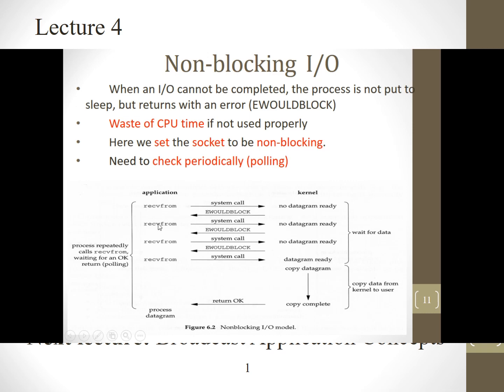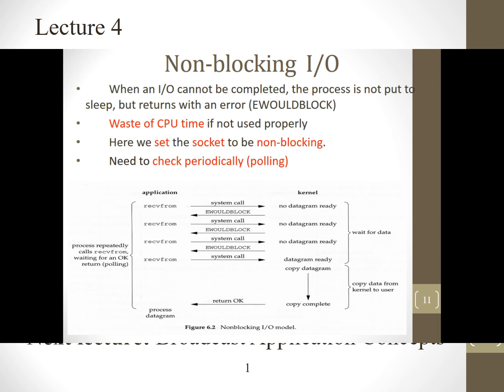The next time the application calls receive from again, it goes there and finds that the datagram isn't ready, and comes back with would block. This happened multiple times, until the receive from system call was sent and the datagram was ready. It copied the datagram and then returned with OK, and the process was completed.